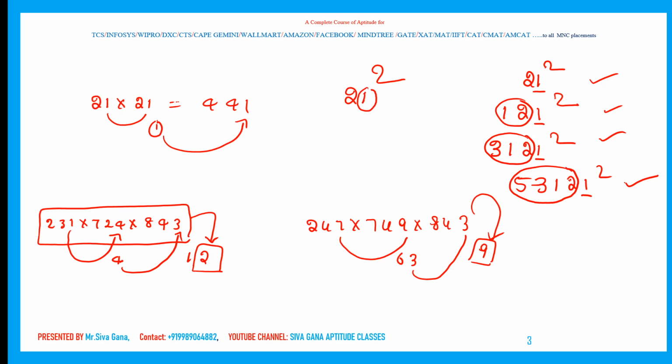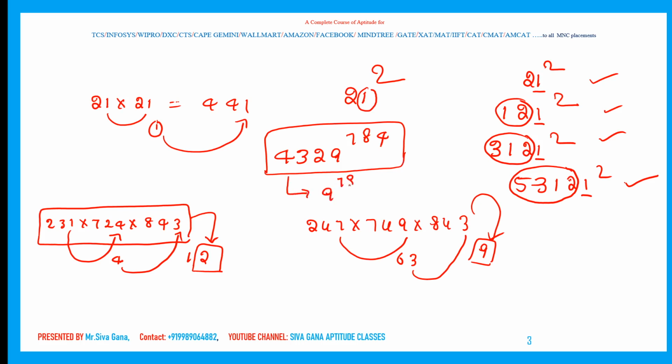For example, if the question is 4329 power 784, what is the unit digit if he is asking? So consider this number as 9 power 784 only. No need to consider this 432, because the unit digit depends only on the unit digit of the base, not the rest of the digits.